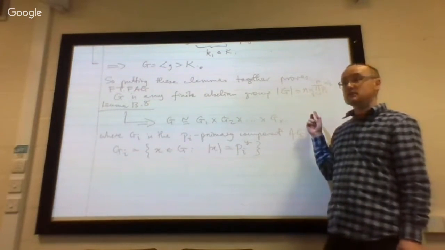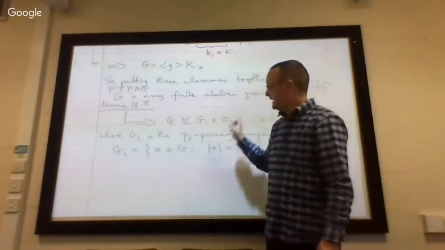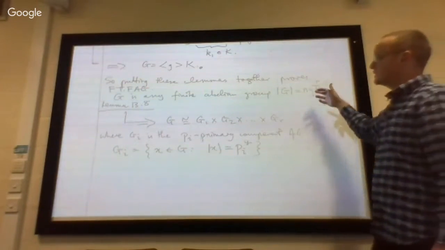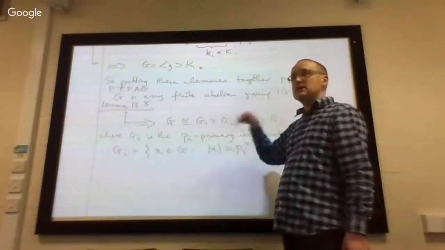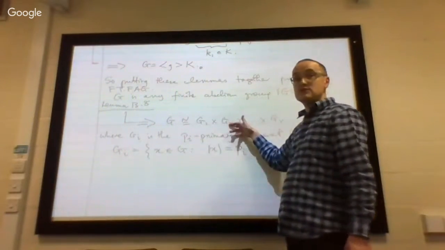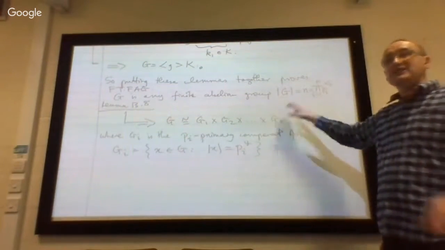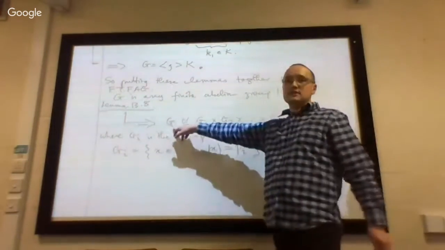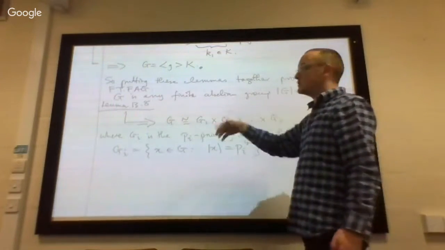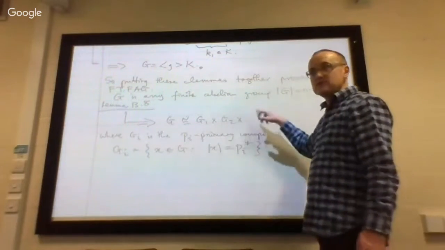We're not saying that G is the union of these, but that you can isolate special elements. The special elements in G which all have order some power of p1, gather them all together in G1. The special elements that have order some power of p2, likewise. You gather together all these special elements, and when you take the direct product of them all, you get everything in G. So a typical element of G is not in any one of these individual groups. A typical element of G is expressible as a product of elements, one from each of these groups.